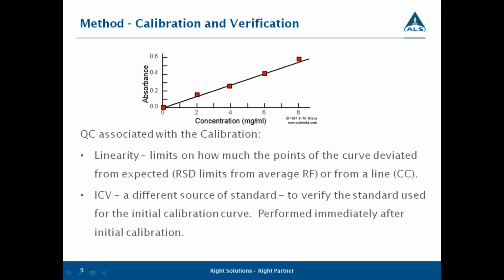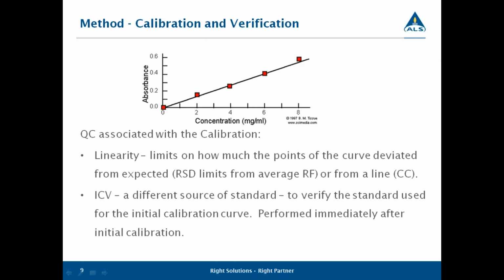Now the QC that's associated with the calibration, we're looking at linearity and the ICV, or the initial calibration verification. The linearity is a limit on how much the points of the curve deviate from the expected or from a line.